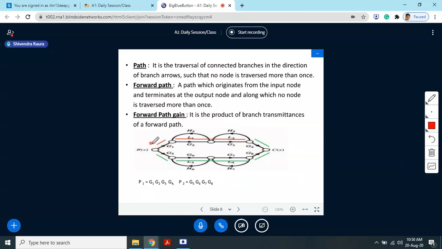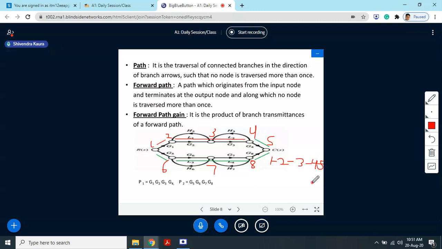Let's say this is node 1, this is node 2, this will be node 3, this will be node 4, this will be node 5, this is 6, 7, 8. Then one path is from 1 to 2, then 3, then 3 to 4, and 4 to 5.